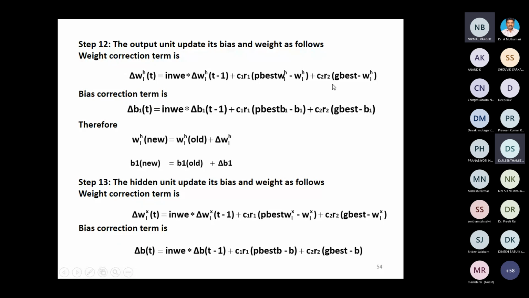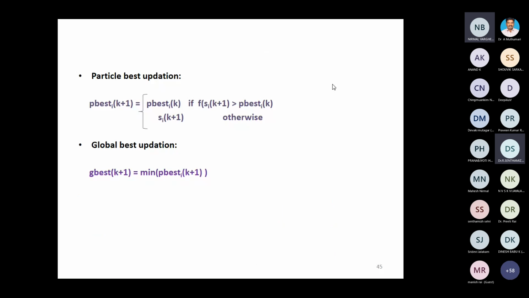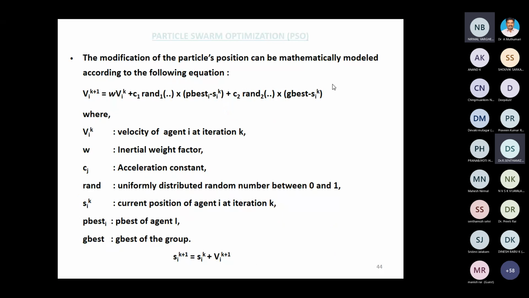This is based on the equation we formulated. This modification of particle position can be mathematically modeled according to the following equation. This equation is what you are applying now, what you are implementing now.